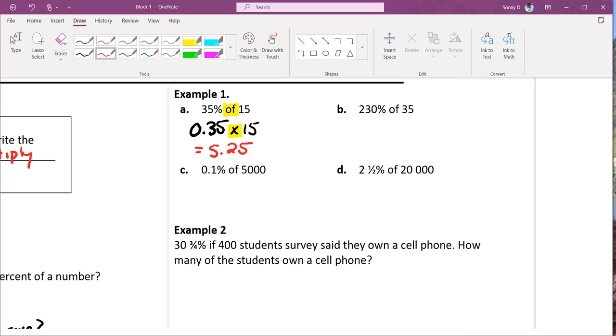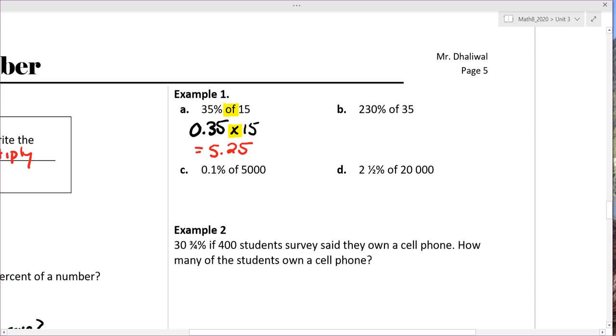Okay. B. What's 230% as a decimal? Somebody yell it out. 2.30. 230 divided by 100, right? So it's 2.30.